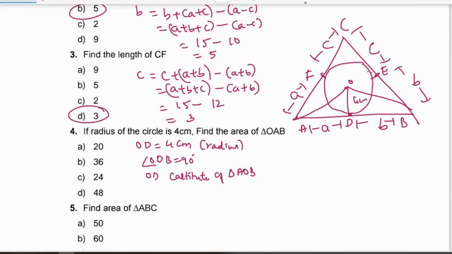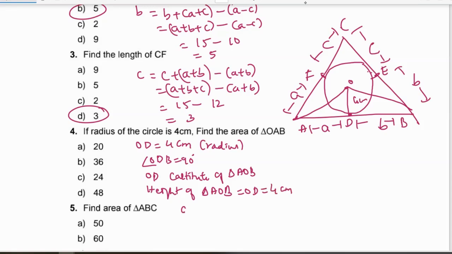The height of triangle AOB will be OD, that is 4 centimeter radius.